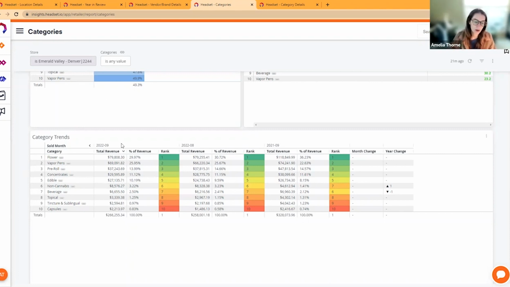We're looking at the last 2 complete months of this year and the current month of last year. So we're looking at September and August of this year, as well as September of last year. We can see how each category ranks against each other.